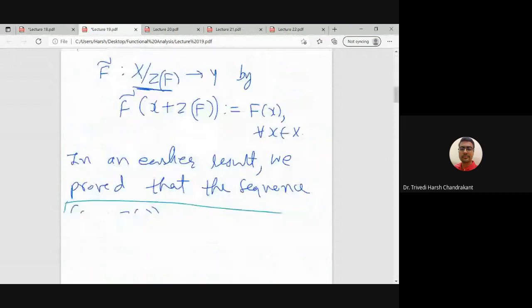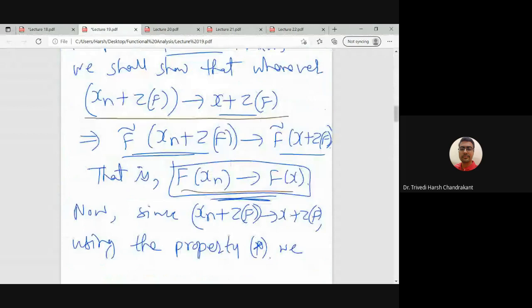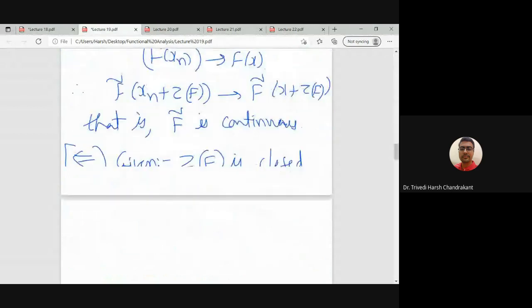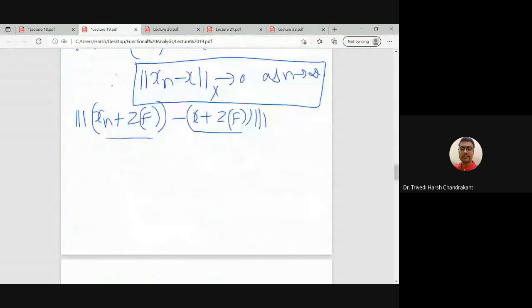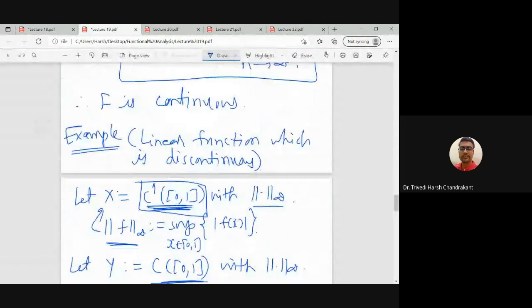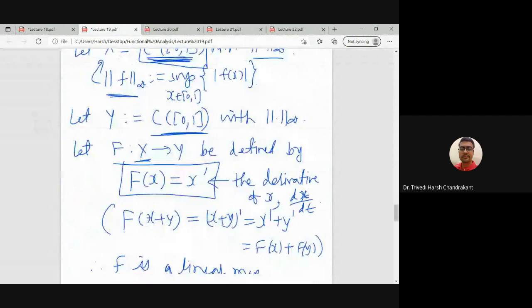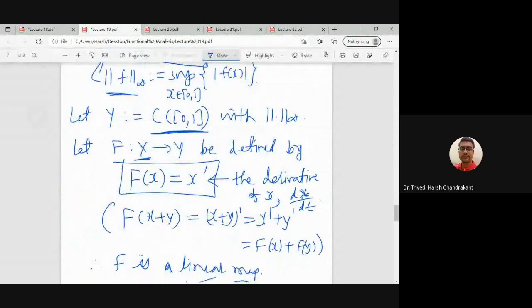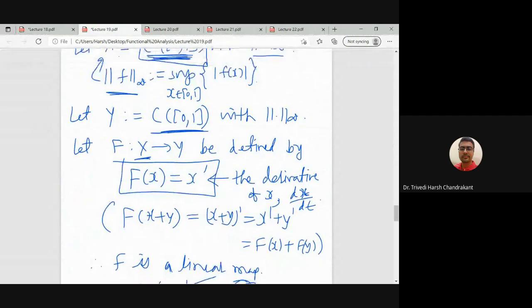and we discussed several examples also of continuous as well as discontinuous functions which are linear. So in the first example, we discussed the differential operator is discontinuous. That means that it is a linear map, but it is unbounded.